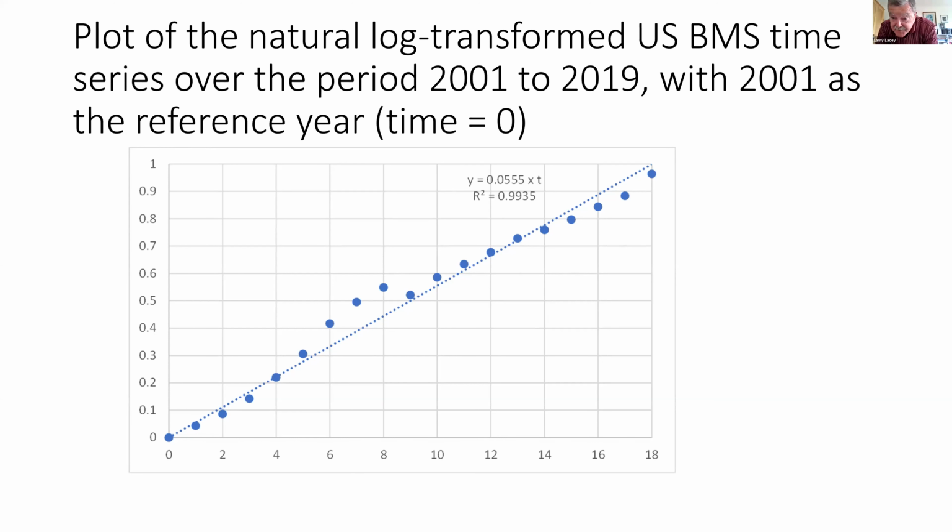There are 3 years where things were going rather strangely. That's the most obvious deviation from the linear equation. So that's simply a description of treating the US broad money supply as an expansionary process.